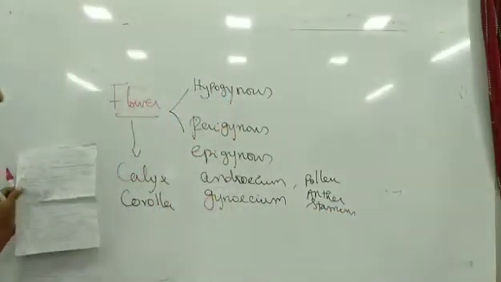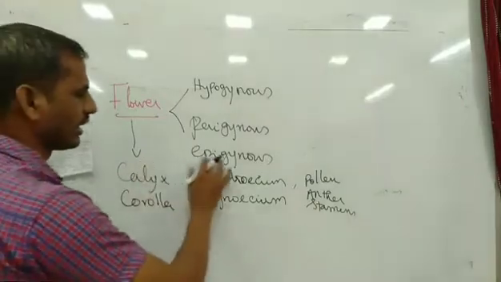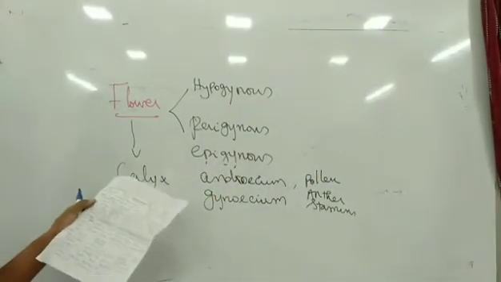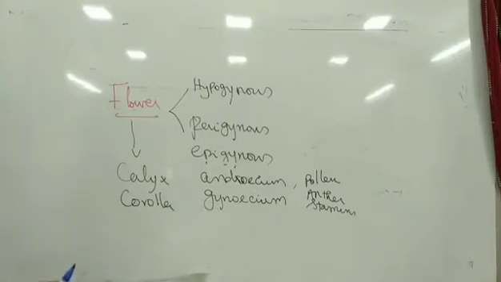These are the parts of the flower, calyx and corolla. Based on this the flower varies: either epigynous, hypogynous, or perigynous flower.